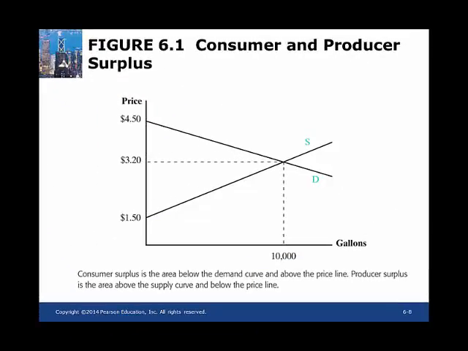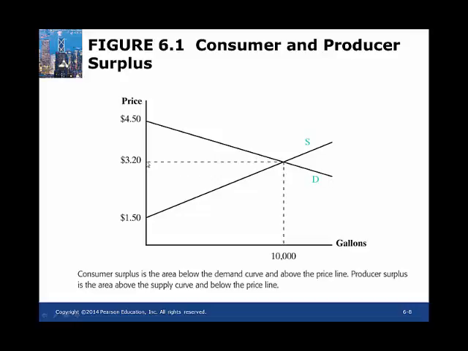Figure 6.1 shows consumer and producer surplus. You can see that each point on the demand curve shows how much the buyer values the good. In other words, each point on the demand curve shows the buyer's willingness to pay.